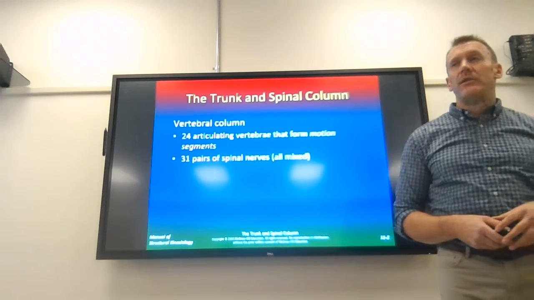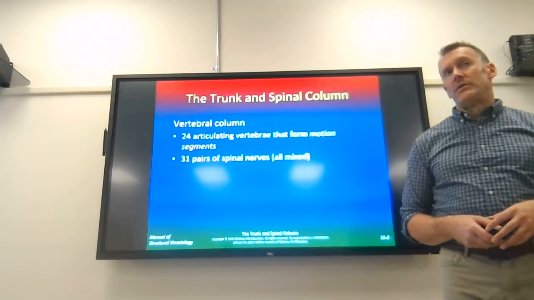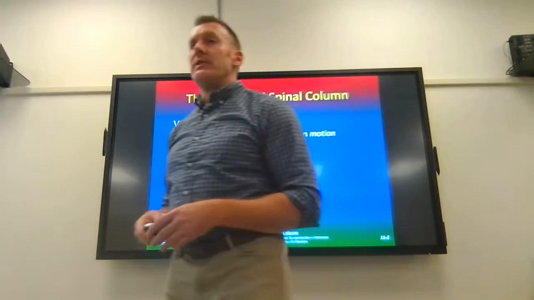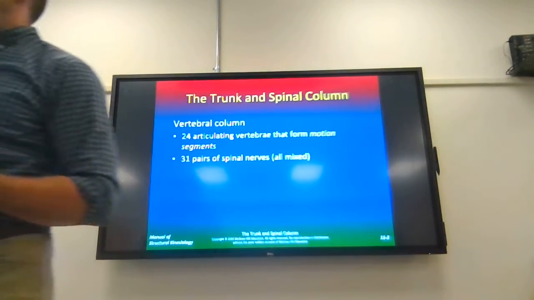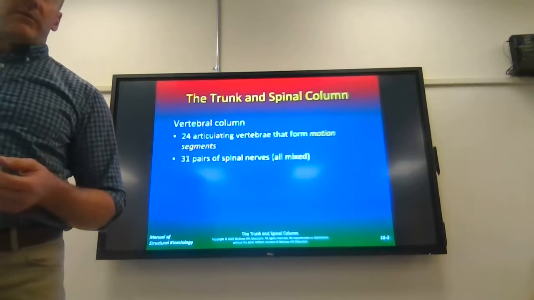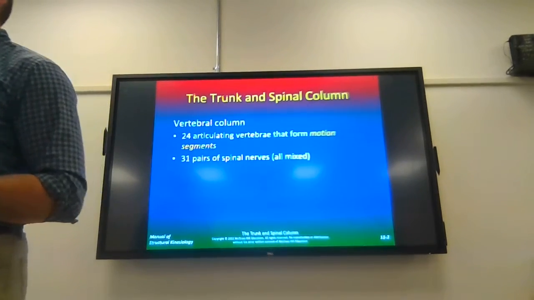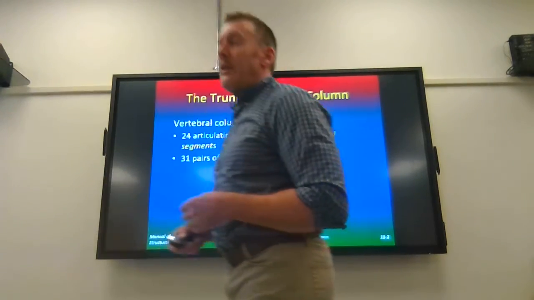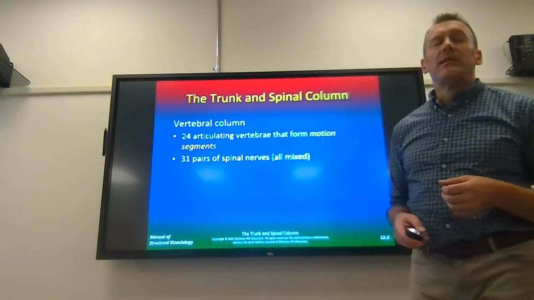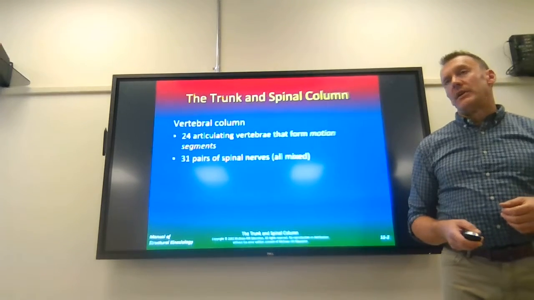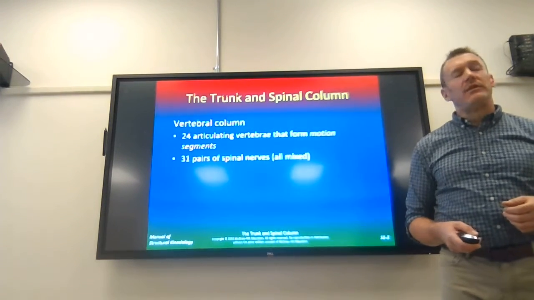There are actually 33 total. 24 of them are movable: the 7 cervical, 12 thoracic, and 5 lumbar. That's 24. The non-movable ones include the 5 sacral, which are fused together, and then the 4 coccygeal make up the total of 33.